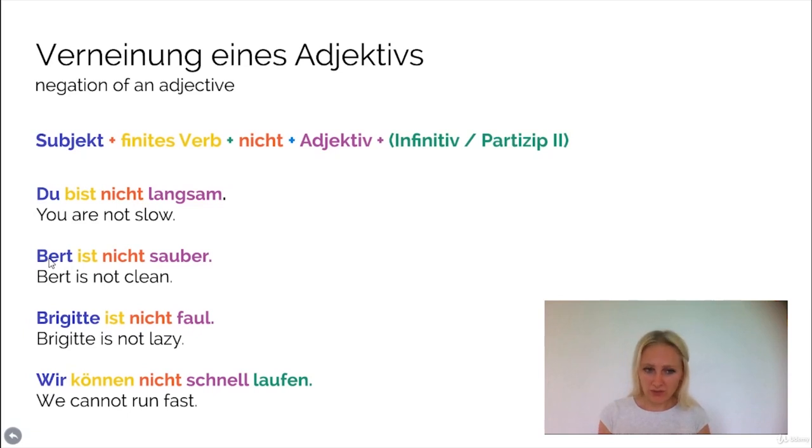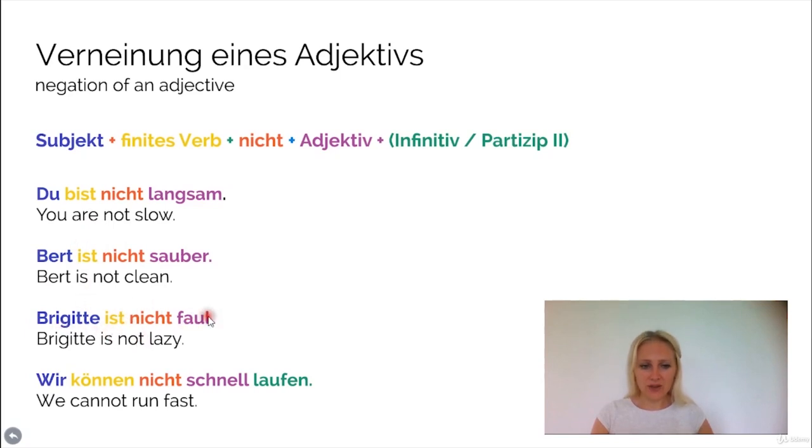With names you cannot use kein, you cannot say das ist kein Bert. So it would mean this is not a Bert. Bert is a name of a person. Just by the way, if you're wondering what that means, that is just a male name in German. So here, Bert ist nicht sauber, we're negating the fact that he is clean, so we're negating a verb. Brigitte ist nicht faul, Brigitte is not lazy.